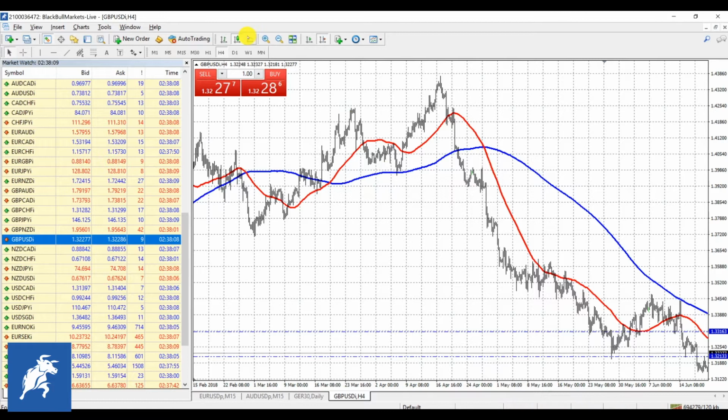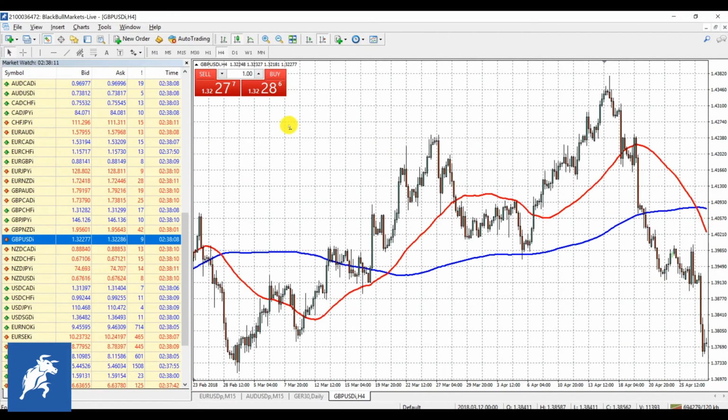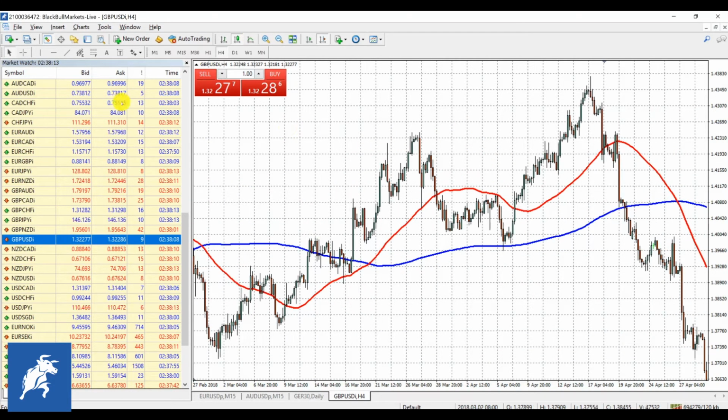So, for example, if we zoom in slightly onto this chart, we can see, take the crosshair, that the price operated between the two moving averages through here, and it bounced up off the 200-day moving average, which also was a former resistance turned support.